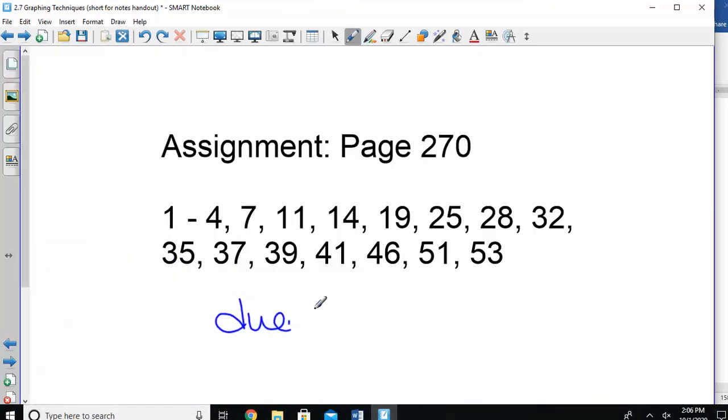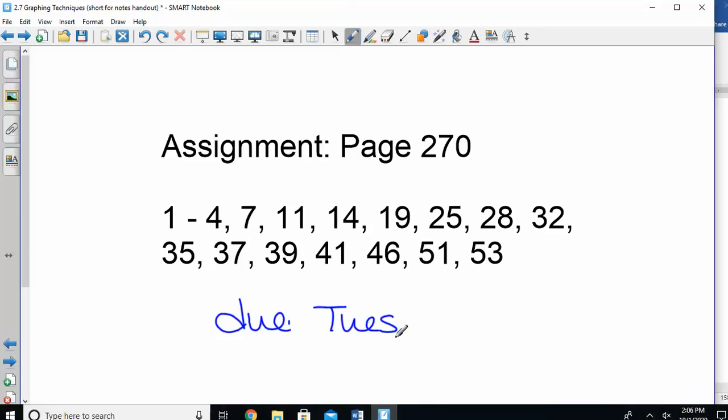This assignment is going to be due on Tuesday. Monday I'm going to finish up talking about the symmetry, and we should have class time to work. I know I taught most of the hour today, but it won't take me the full hour to do that part. You already know how to do almost all of this.